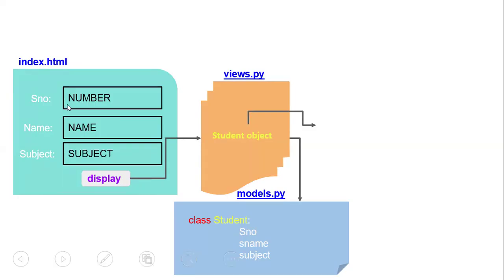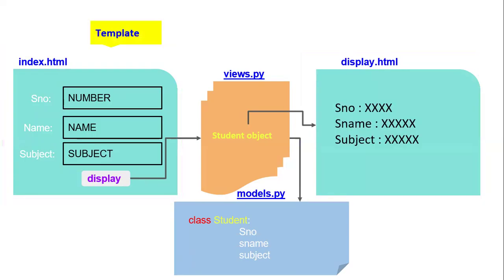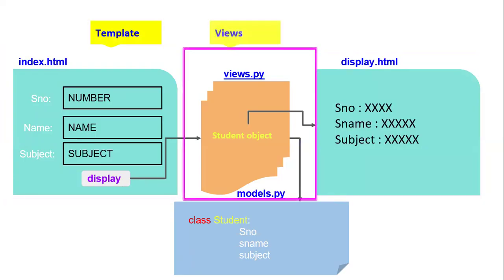So whatever data I am getting from the front end, those many fields you have to keep inside that class. That is common sense. Presently I am keeping in the class Student: S number, S name, S subject. Class definition I am following. That's it. After that, I'm able to create the object of the student class and display it in display.html. Simple. This is the flow.